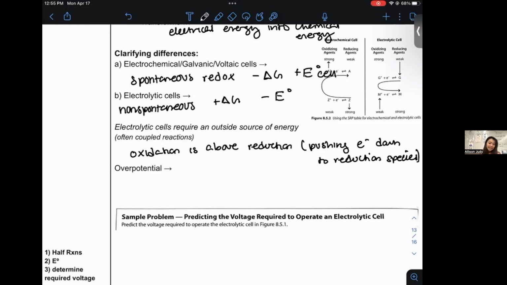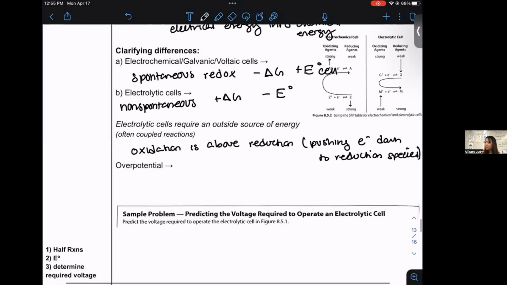So we say that the magnitude of your negative E cell, your unfavorable voltage, is the very least, the minimum amount of electrical outside force.